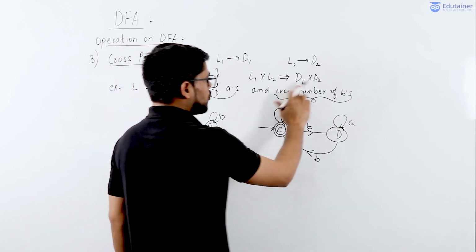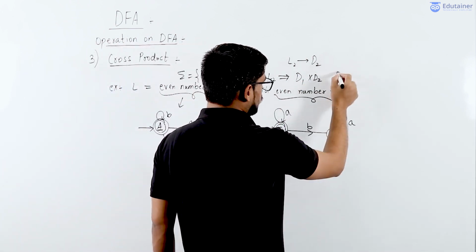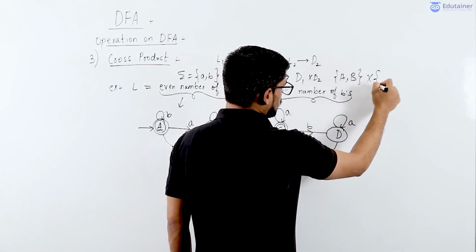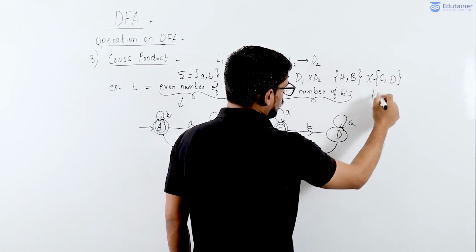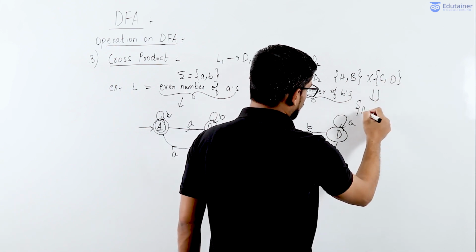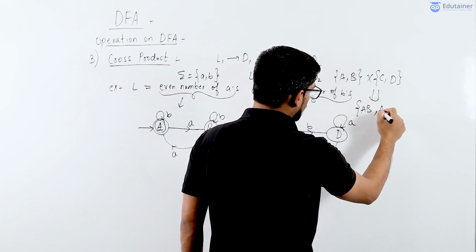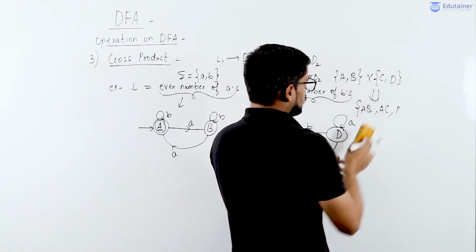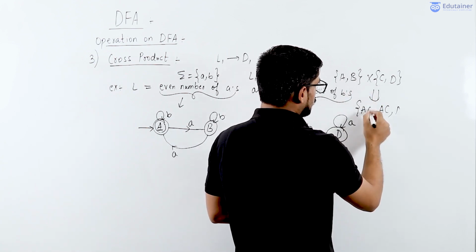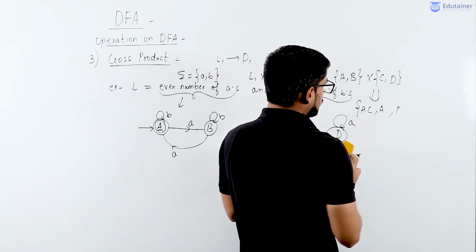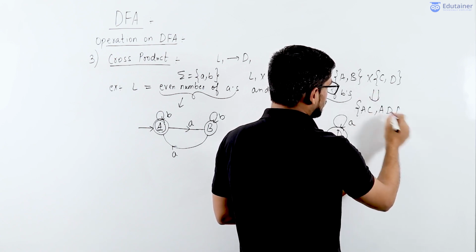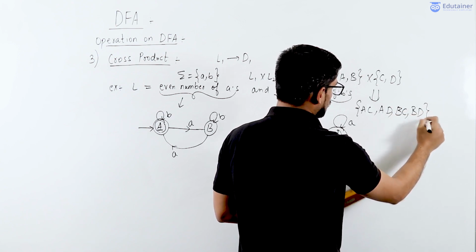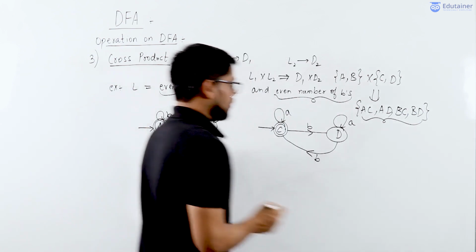How? If you take the cross product of these two DFAs, {A, B} cross {C, D}, the possible states will be AC as the first state, then AD as the second state, then BC as the third state, and finally BD as the fourth state. So there are a total of 4 states possible.